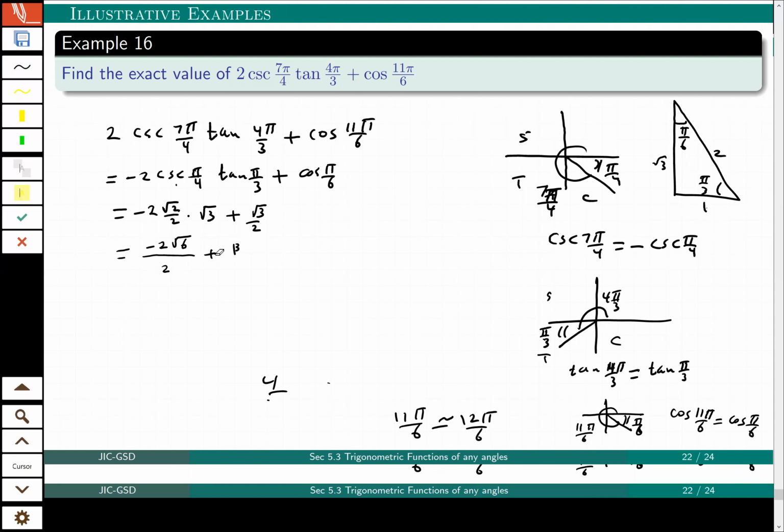So that is basically simply the same denominator. So we will have that is equal to square root of 3 minus 2 square root of 6 over 2.